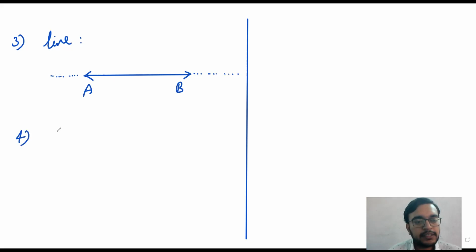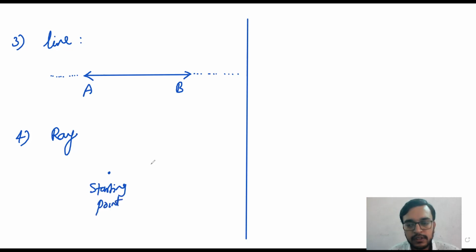Now the fourth one is ray. What is meant by ray? Consider a fixed point, and this is the starting point. If we extend it in one direction up to infinite, then this is called a ray.